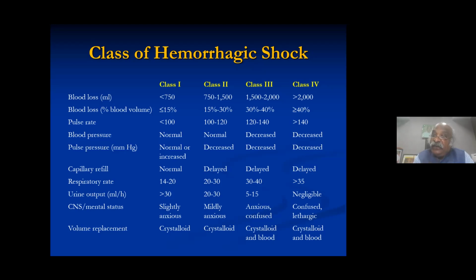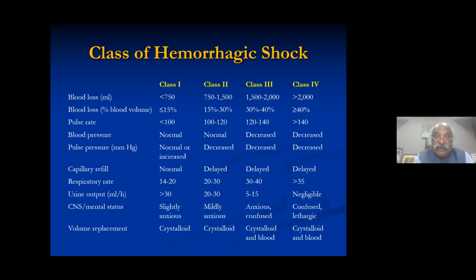The blood pressure is maintained by increased peripheral resistance, systemic vascular resistance, and cardiac output is maintained. And once there is a failure, too much advanced, and the blood loss is much more, it goes to a state of class 3 and class 4, where in addition to the tachycardia, the blood pressure tries to fall in class 3. It fails to have a compensatory mechanism in class 3 and class 4.